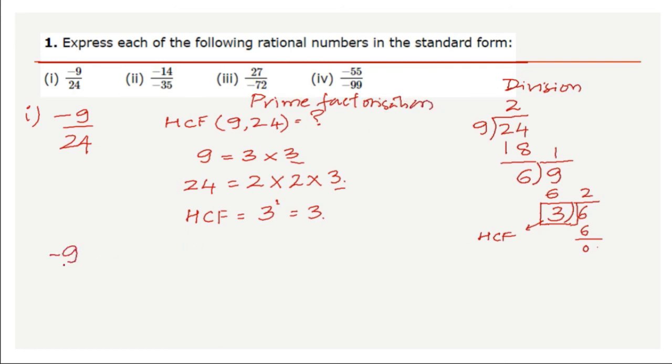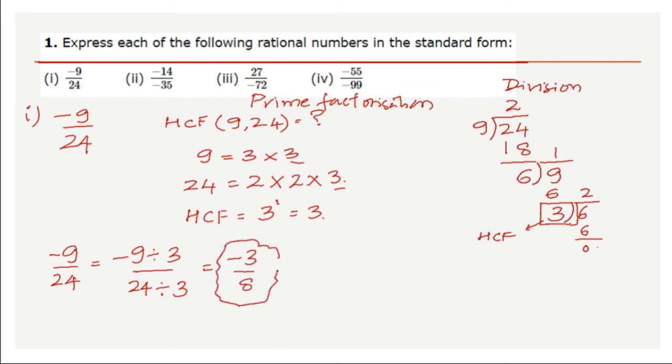Now for the given number, I will divide both the numerator and the denominator by 3. We get -3 upon 8. So this negative 3 upon 8 is the standard form of minus 9 by 24.